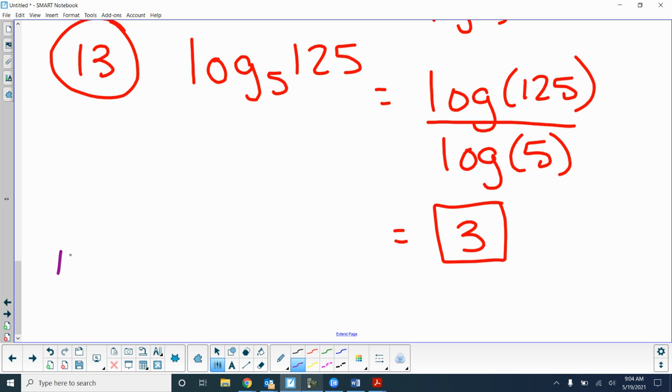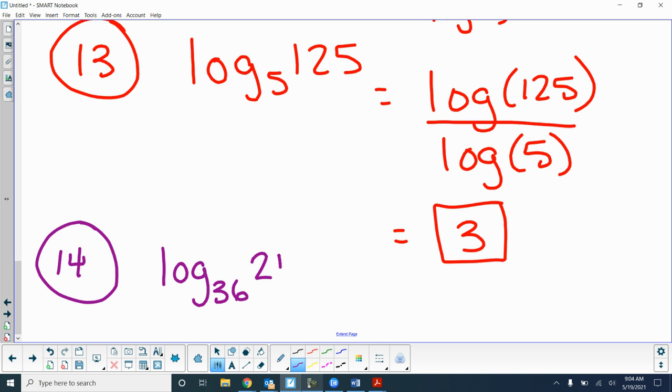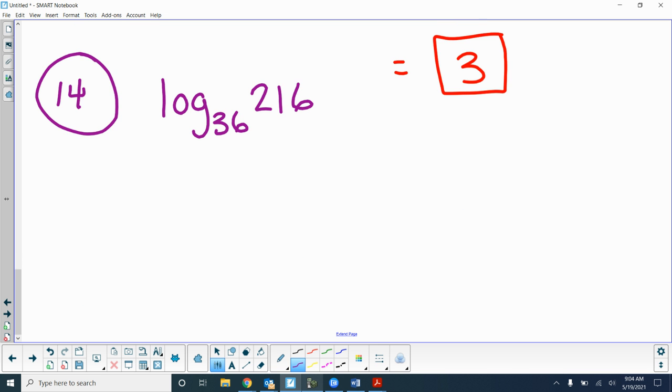Number 14. Two to go. We're, again, simplify, evaluate, same thing. Log base 36 of 216. So what am I going to do to evaluate it? Same as we did in the last problem, right?